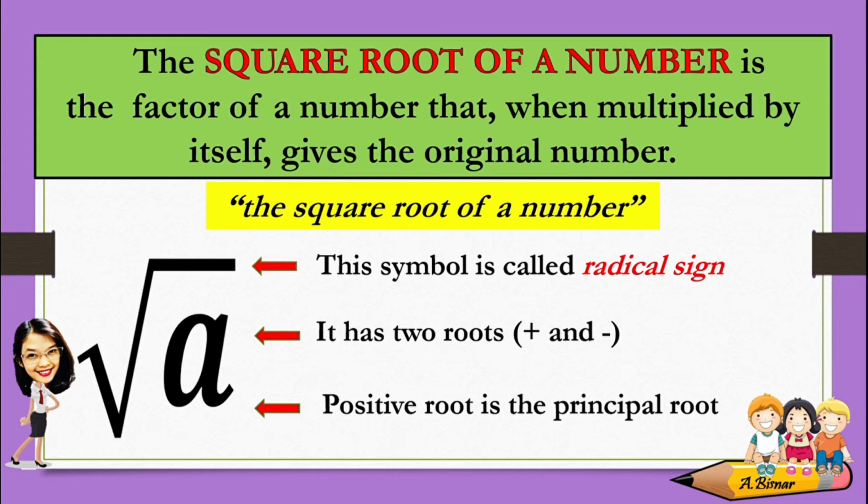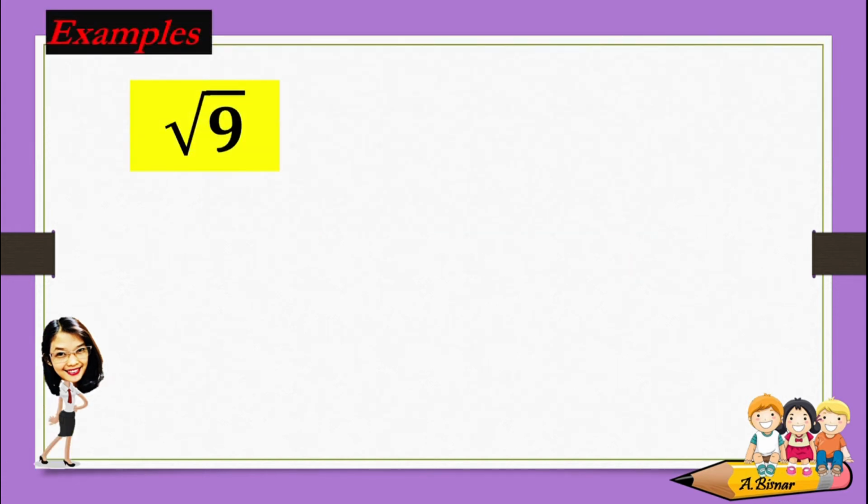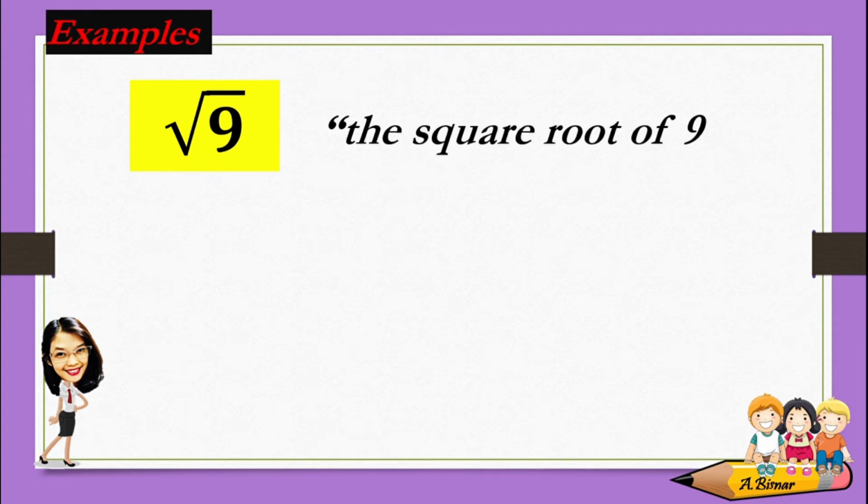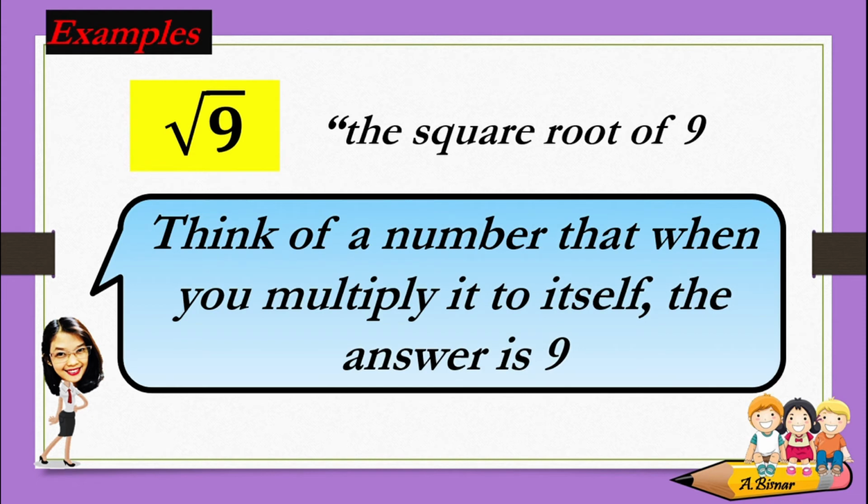To understand it further, let us have an example. Say we have the square root of 9. To find the square root of 9, think of a number that when you multiply it to itself, the answer is 9. So again, think of a number, and that number, when multiplied to itself, will give 9.